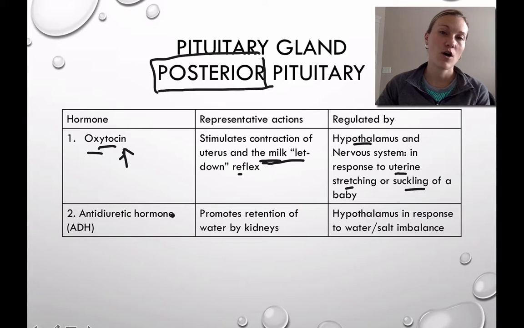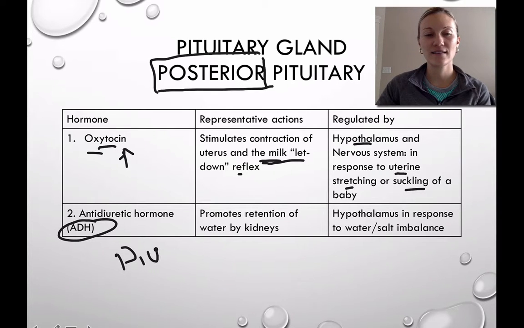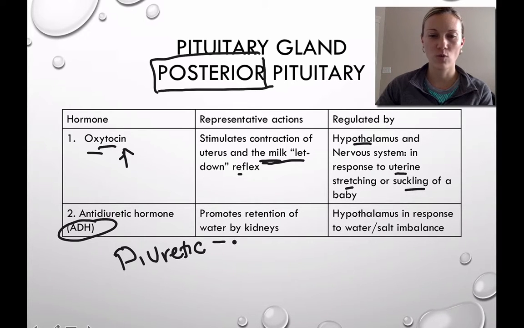The second hormone of the posterior pituitary is the antidiuretic hormone, sometimes called ADH. A diuretic is something that helps you get rid of water.